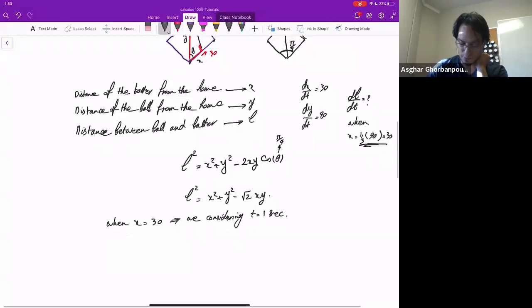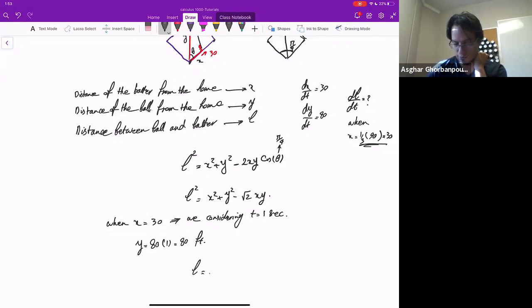So if time is 1 second, then y would be 80 times 1, which is 80 feet. And L, you can use this formula again: L is going to be root of 30 squared plus 80 squared minus root 2 times 30 times 80.